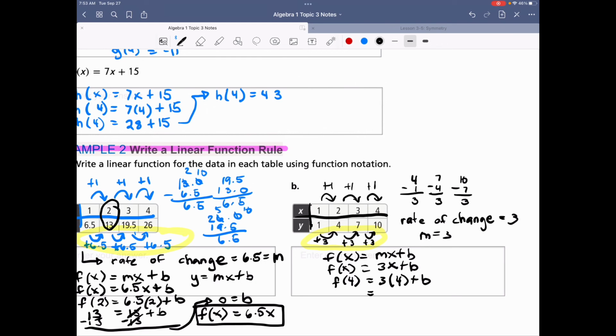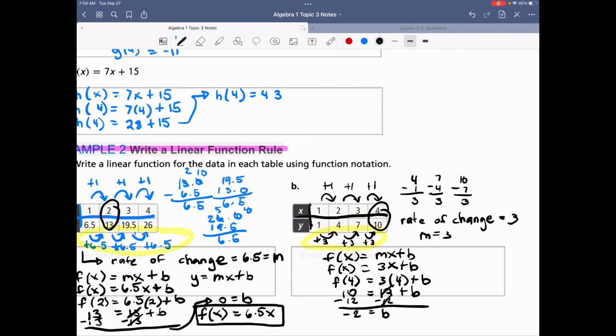Back in our table, f of 4 has the output 10. 4 times 3 is 12 plus b. Now we subtract 12 from this side because we are solving for b, minus 12 on the other side also. Now 10 minus 12 is negative 2, equals b.